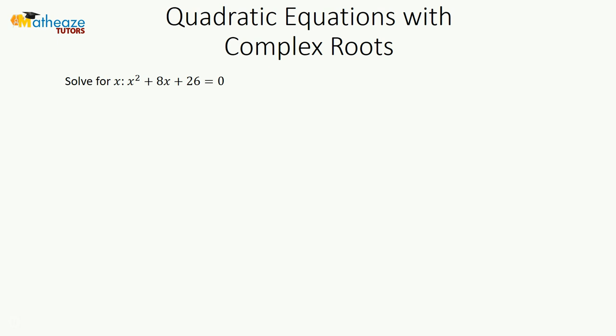We start off the same way. ax squared plus bx plus c equal to 0. a equal to 1, b equal to 8, and c equal to 26.